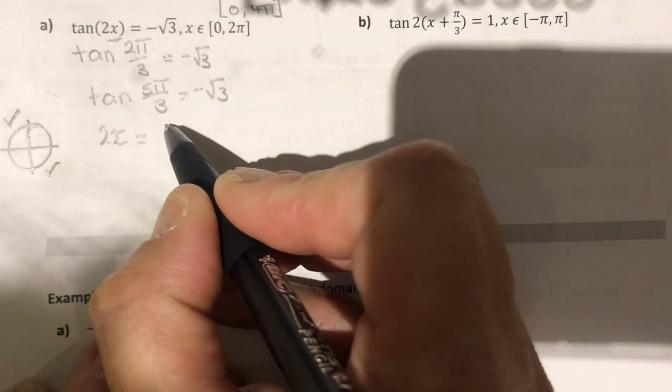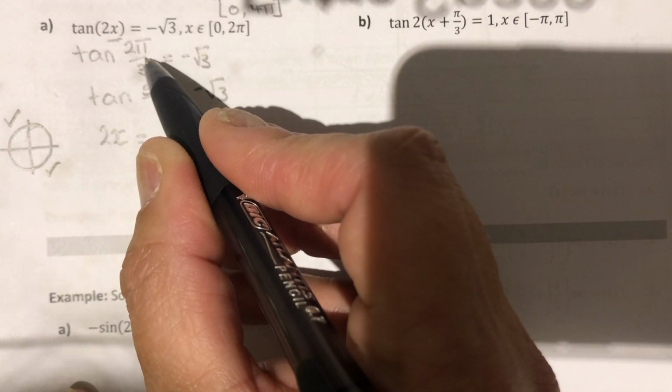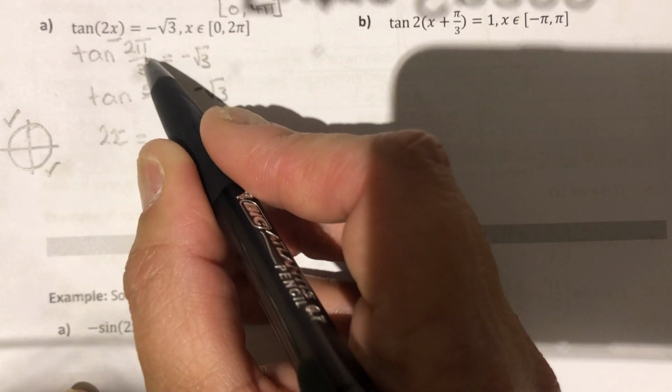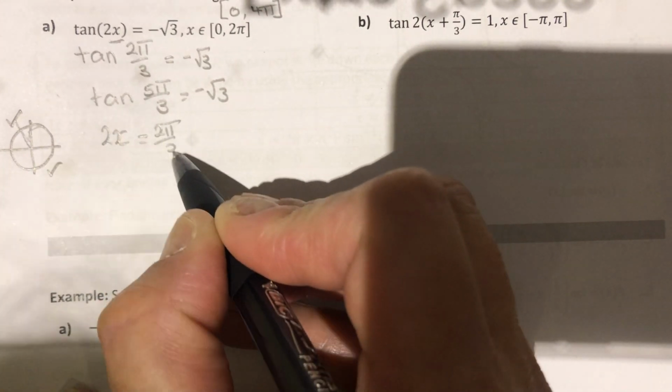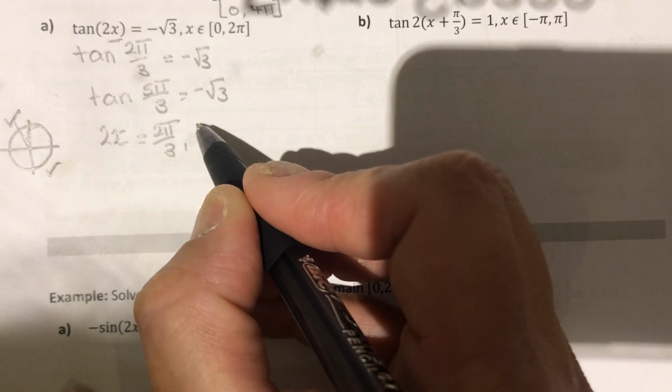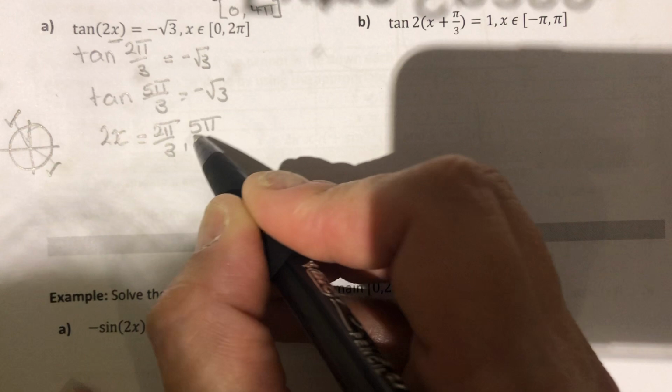So 2x is equal to, the first one that we're going to get to is 2 pi on 3, because that's somewhere over here. So 2 pi on 3, and we know from our table that it's right anyway. And the next one is 5 pi on 3, because that's going to be in our fourth quadrant.